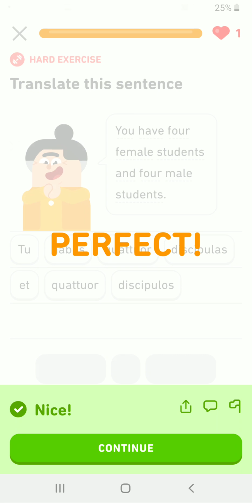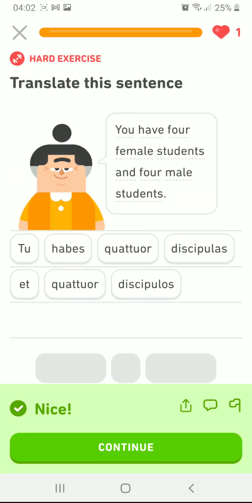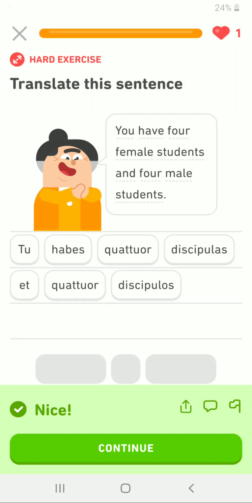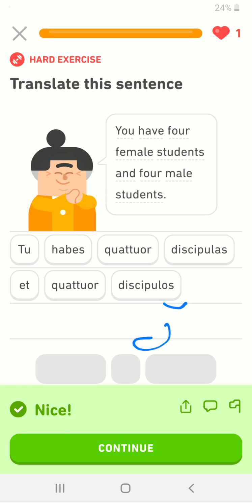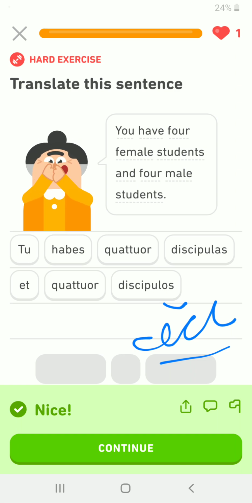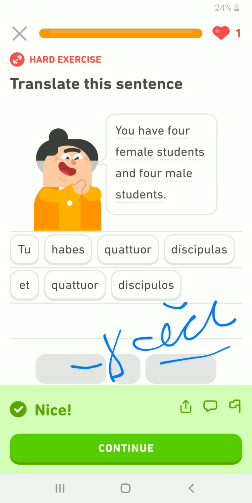Okay. Let's have a look at the discussion here. I am just wondering. This is in accusative. I think it's in accusative. You have what? So I don't think it's a genitive.